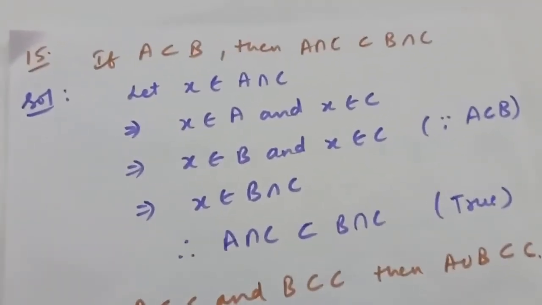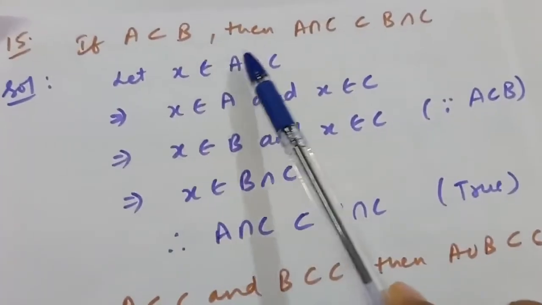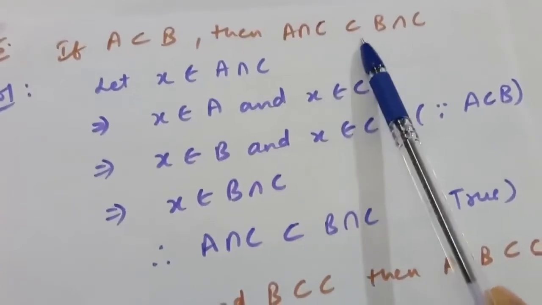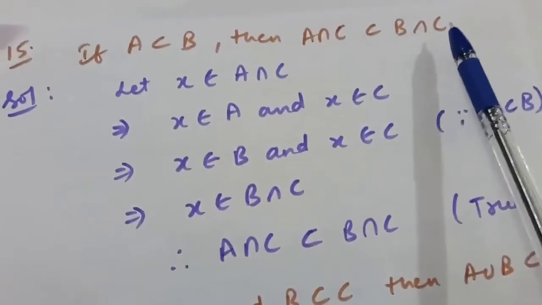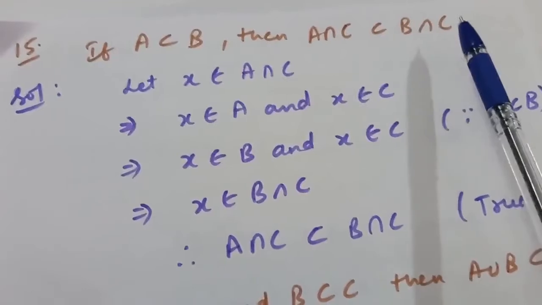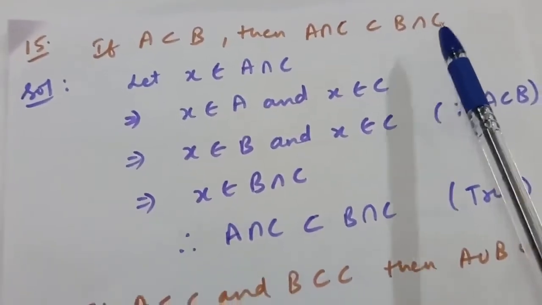Now next is, if A is a subset of B, then A intersection C is a subset of B intersection C. If you want to check it by Venn diagram, you can check it. This is true. We will prove it.